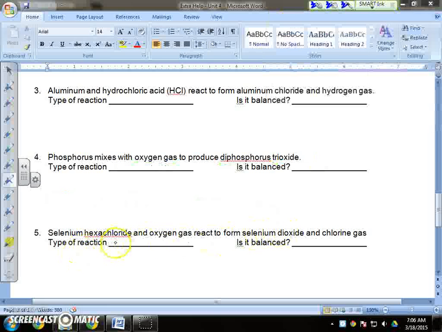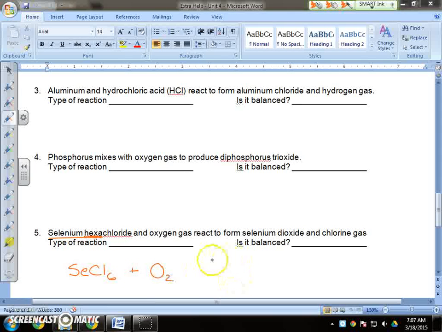We've got selenium hexachloride and oxygen gas react to form selenium dioxide and chlorine gas. So we're going to start this off. Selenium hexachloride. I know this hexa tells us that we've got a covalent, so we're going to have SeCl6. And, nice little plus, oxygen gas. Remember, oxygen is one of our 7 diatomics.